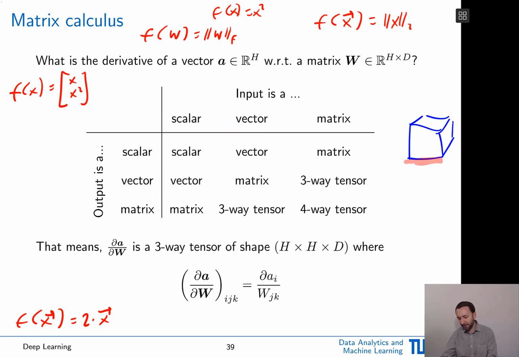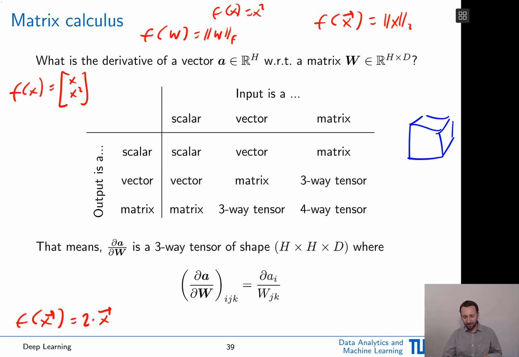Here's the vector and here's the matrix. Or if you have a matrix in and a matrix out, it would give you even a 4-way tensor, a 4-dimensional array, because technically you are computing this cross product of interaction: how does every change in every individual input component affect every one of the output components, okay?